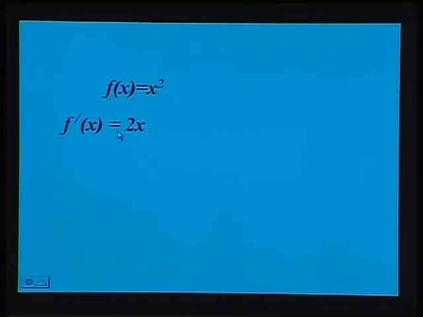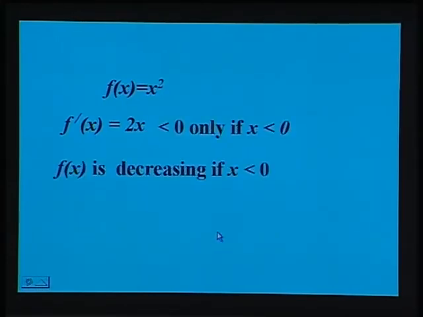You will agree with me that the derivative, 2x, will be negative, less than 0, only if x is less than 0. So f(x) equal to x squared is decreasing only if we restrict the domain to negative values of x.